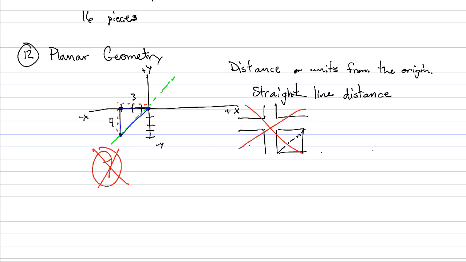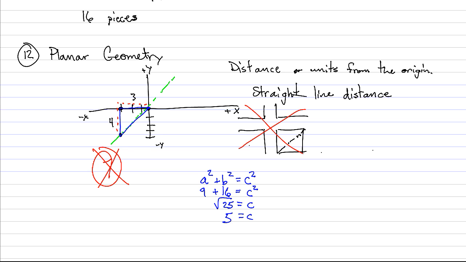And we've got 3 and 4 on the sides, and remember that a squared plus b squared equals c squared. So 9 plus 16 equals c squared, or c equals the square root of 25, or 5.